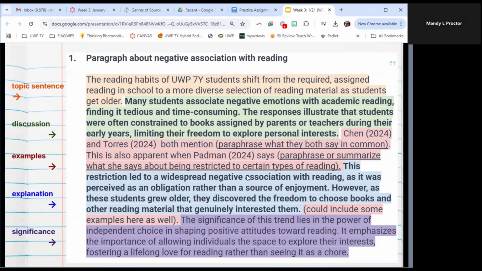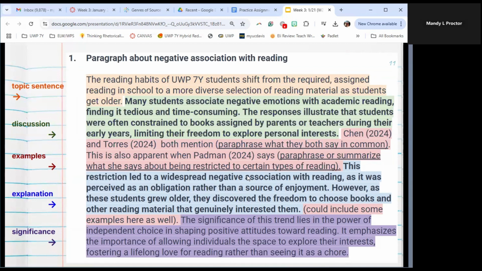We'll have discussion of a trend, explanation of a trend, right? So if you look at the first bolded sentence there in green, that is discussion. So that's giving us more information about the topic that we're discussing, right? So we started off with there's a shift.